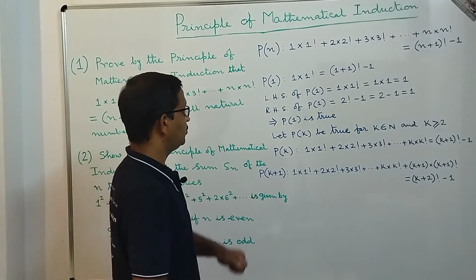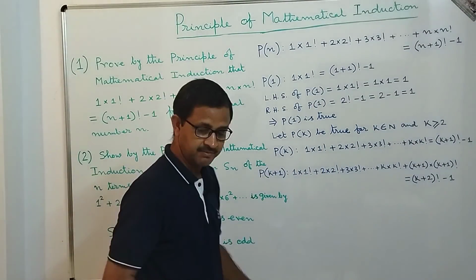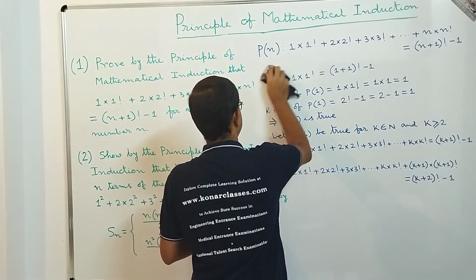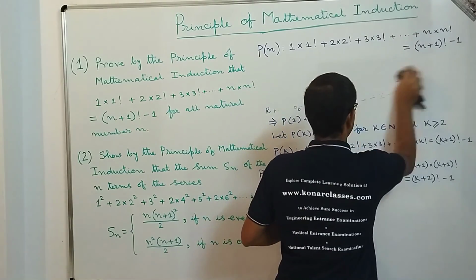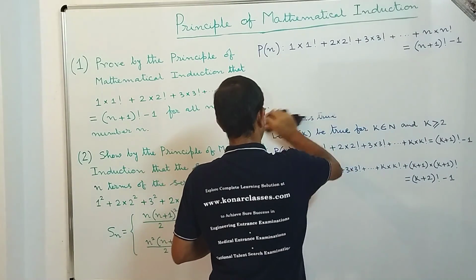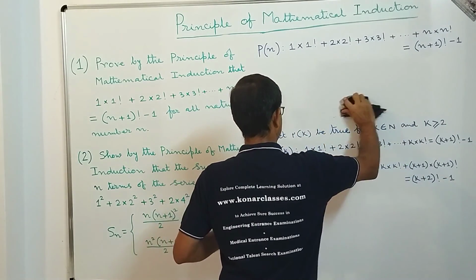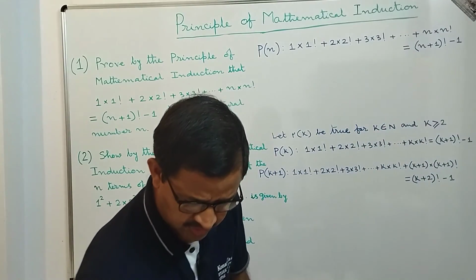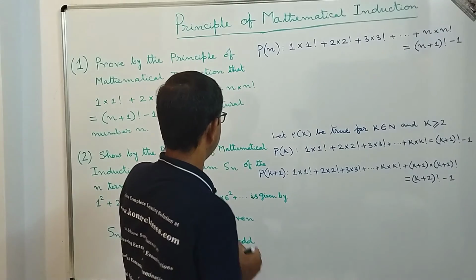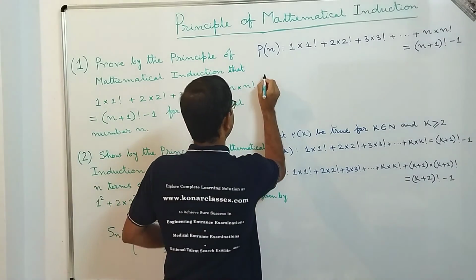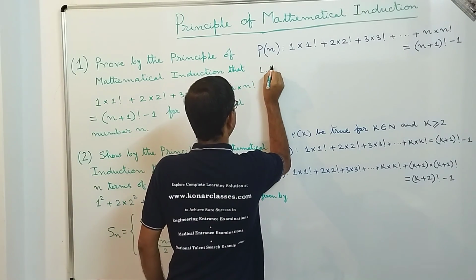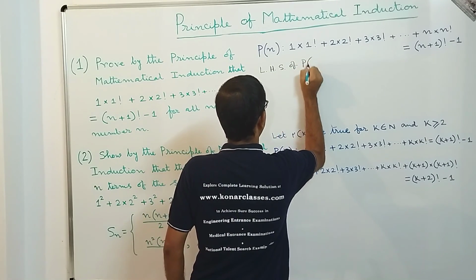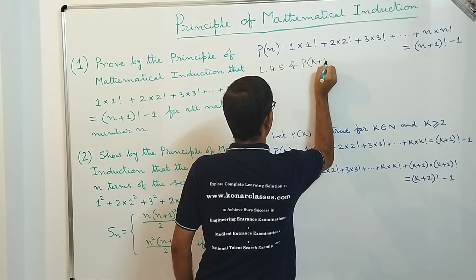Okay, now let's look into the left hand side of P(k+1). Let me write it here. I can use a different color. So the left hand side of P(k+1), what is that value?